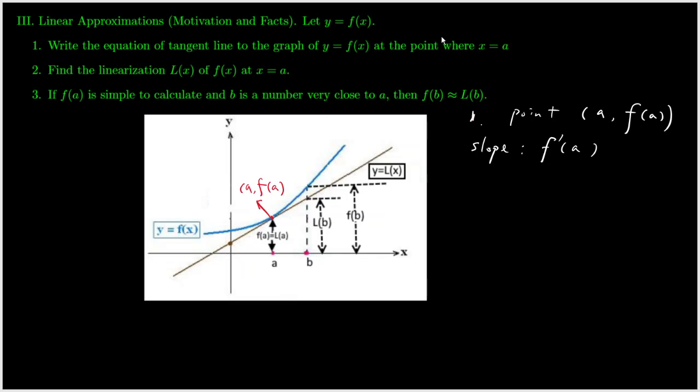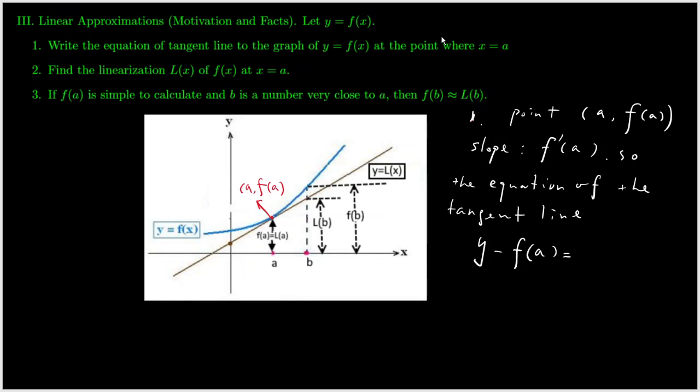In question 1, we are looking for the equation of the tangent line to the graph of the function at the point where x value is a. So the equation of the tangent line is, now recall the formula, okay? It's y minus y coordinate of the point, which is the value of the function at a, equals the point slope form, okay?